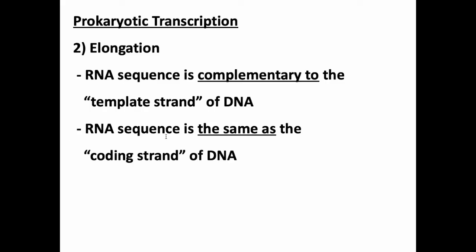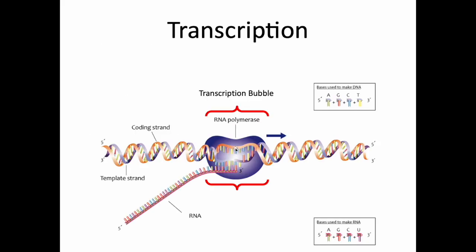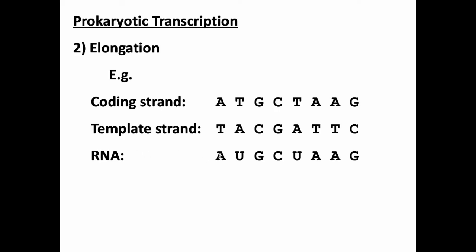But what about the other statement here? The RNA sequence is the same as the coding strand. Remember, the coding strand is the one that we did not read off of. The coding strand is the one that's just sitting here, not being touched at all. Well, let's compare the RNA sequence to the coding strand sequence. They're not complementary, they are the same. A, the same.